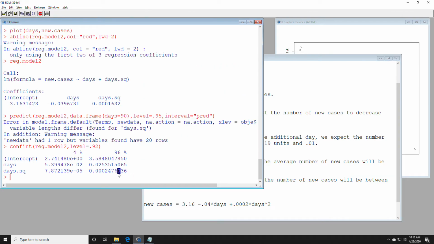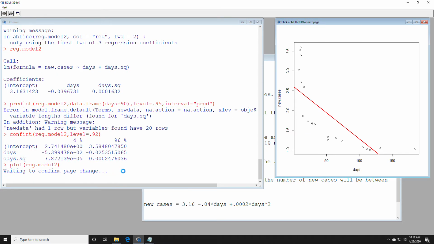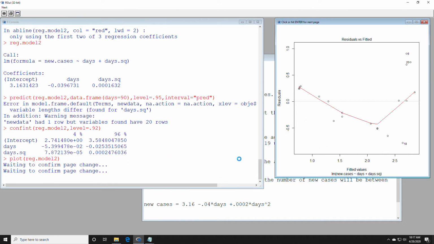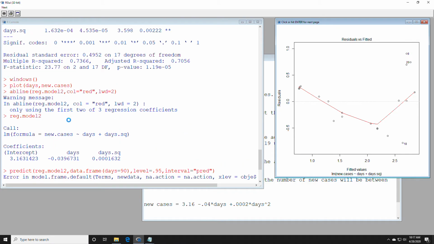Let's see though. Did we fix our model? Remember last time we just looked at this plot. We had this big curve here in the residual plot, indicating that the model was terrible. So we're still seeing a squared component, surprisingly, reg.model 2. Interesting.